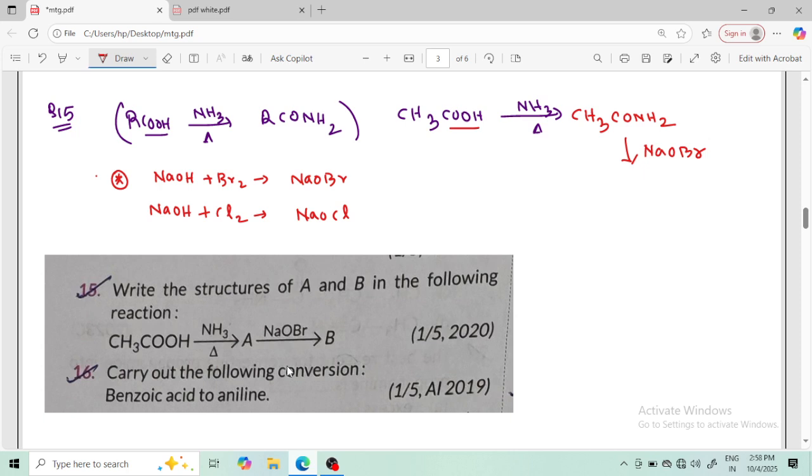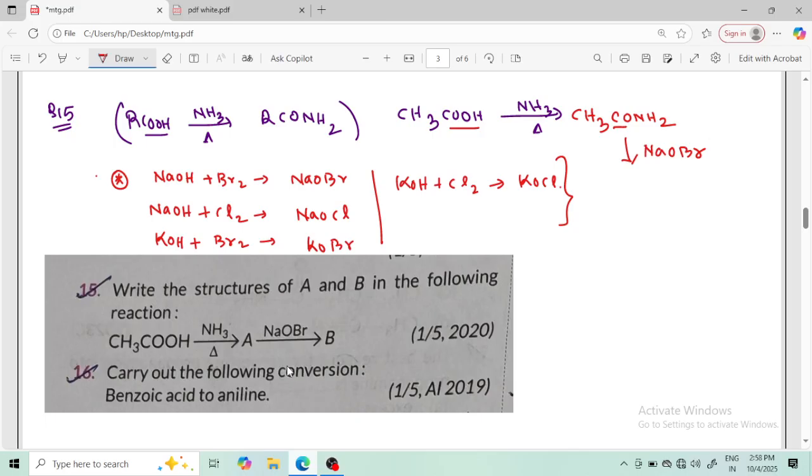If KOH is given and Br2 is given, then it will become KOBr. And if they have given KOH plus Cl2, then you will get KOCl. So NaOBr means what? NaOH plus Br2. So it's a Hofmann bromamide degradation reaction.